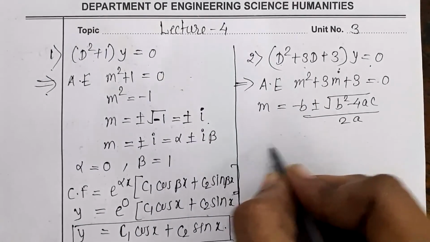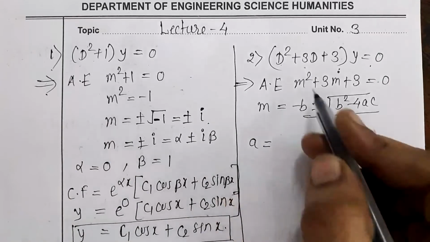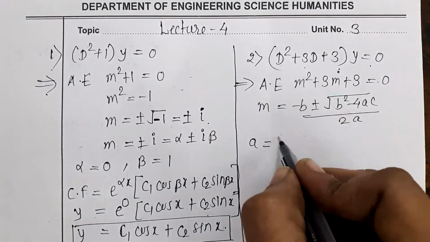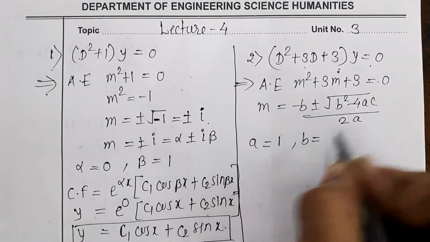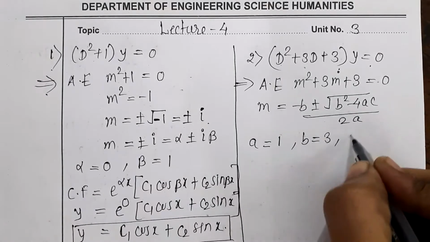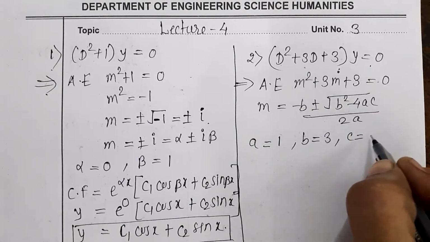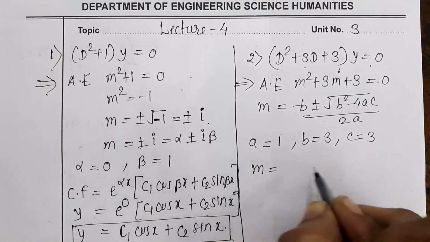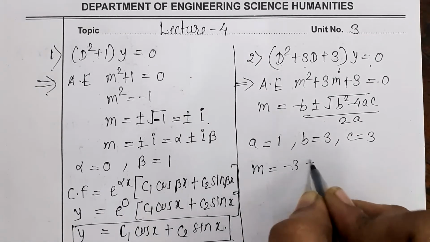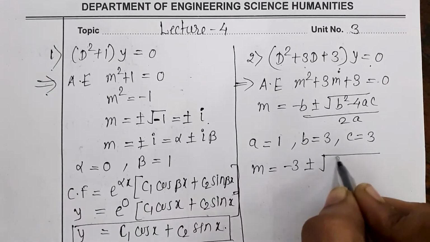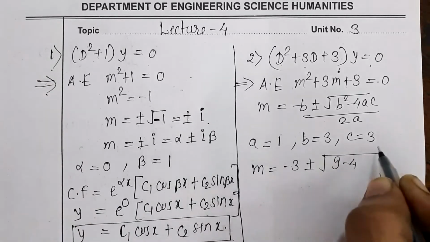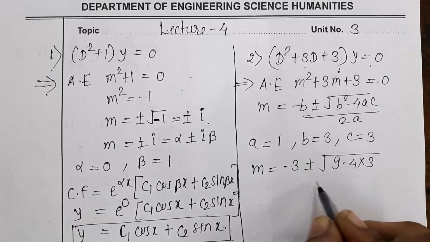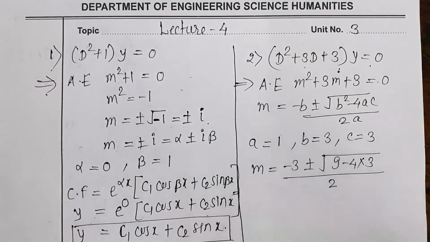So minus b. What are the values of a, b, c? a is the coefficient of m², which is 1. b is the coefficient of m, which is 3, and c is the constant, so 3. So substitute here: m = -b, that is -3, ± square root of b², 9, minus 4ac, so 4 into 1 into 3, divided by 2a, 2.